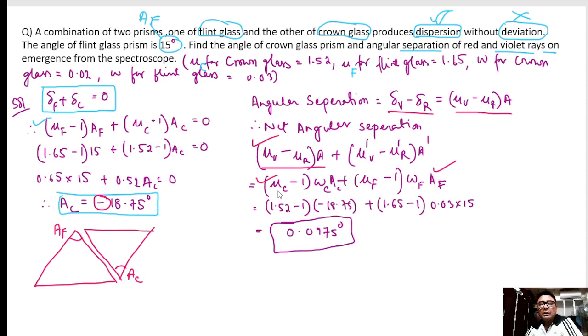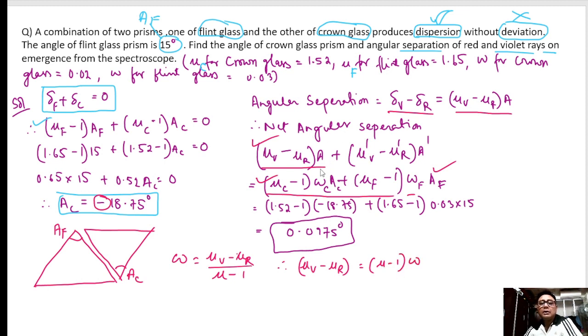So please watch how this formula came. I'm showing it to you. Omega is equal to mu v minus mu r by mu minus 1. Okay. So mu v minus mu r should be mu minus 1 into omega.